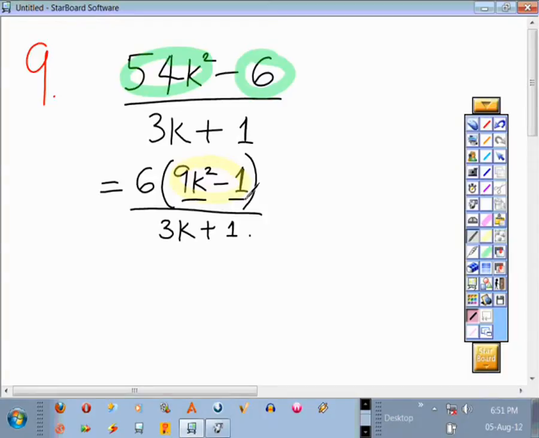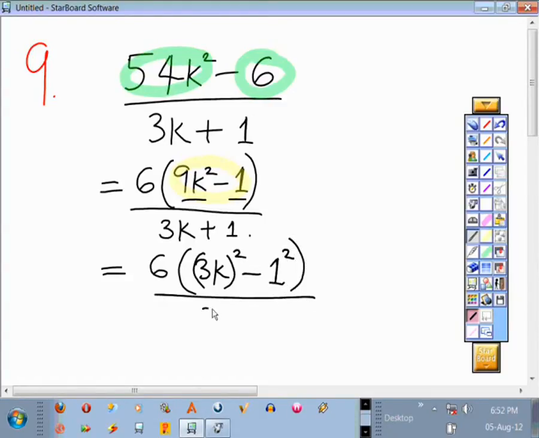So we have here 6 into 3k squared minus 1 squared, over 3k plus 1. Obviously, the denominator here is not further factorizable. So it's going to be like that throughout until we get rid of it somehow.